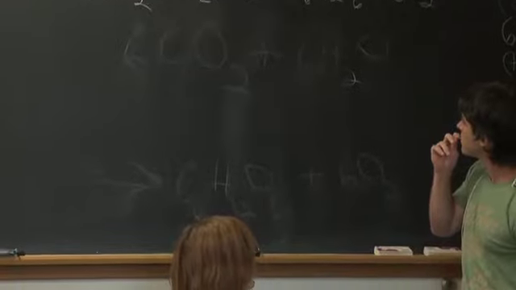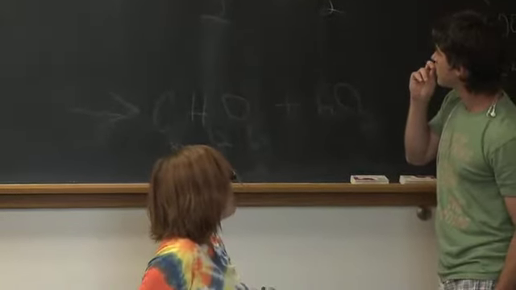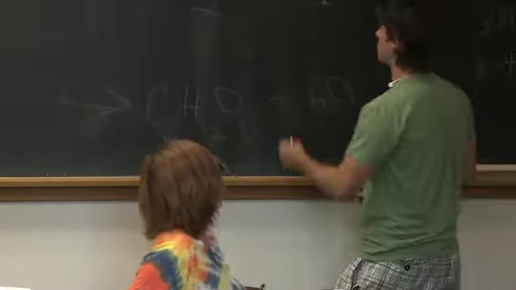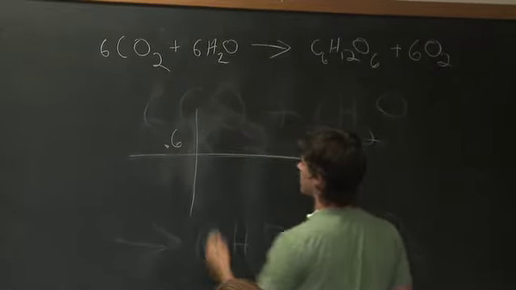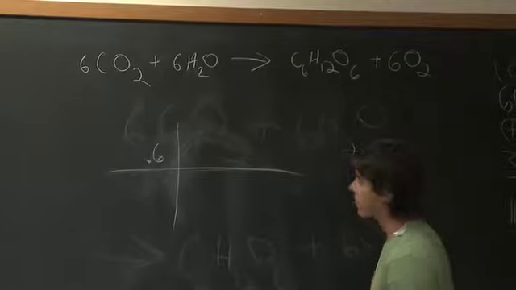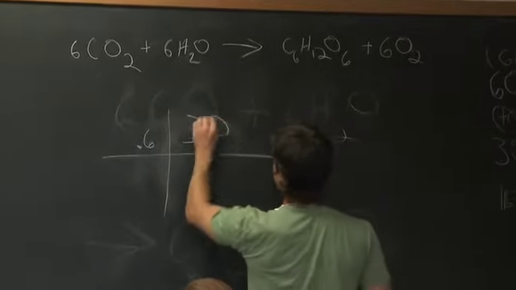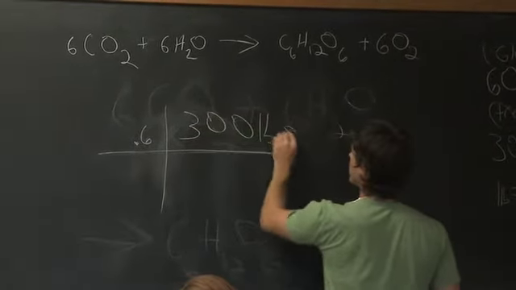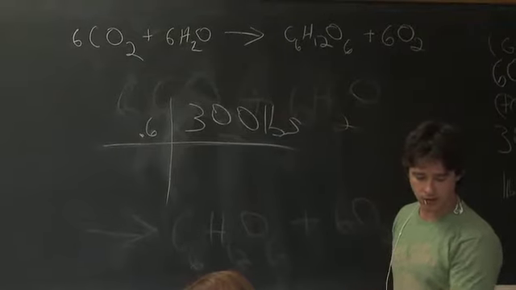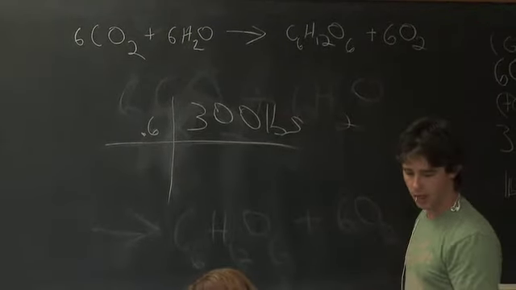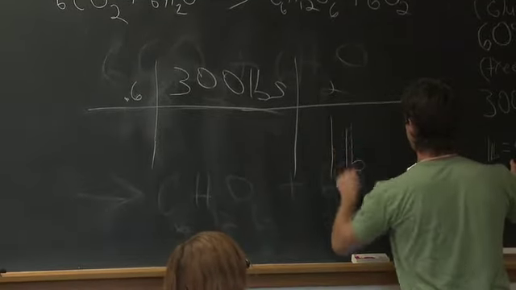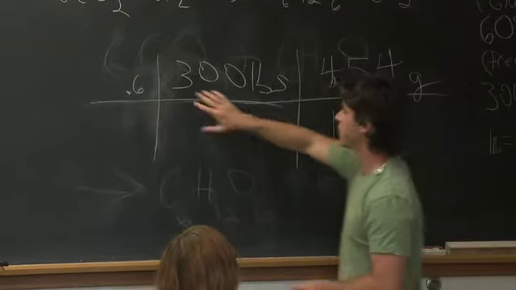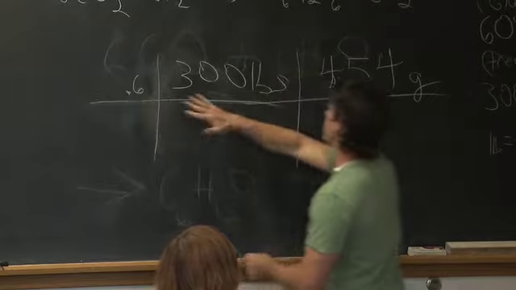We have a 300-pound tree, but only some amount of it is glucose. 60% is, so 0.6 times 300 pounds, or 6/10 of 300 pounds. We're going to need that, and we can convert back later. I think we need to convert now. For 1 pound, we have 454 grams. This is just a ratio, so it's unitless.